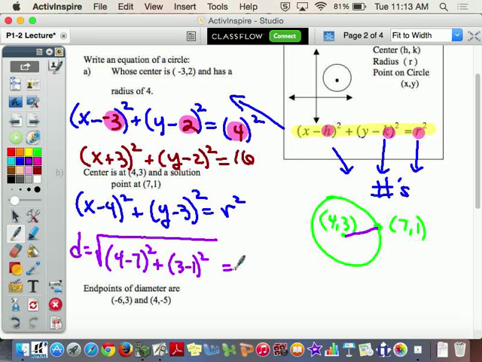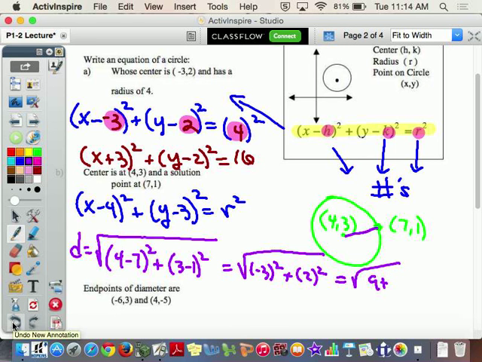Or in other words, the square root of -3 squared plus 2 squared, which is the square root of 9 plus 4. Oops. Ugh, that's nasty, sorry. Which ends up with the square root of 13.